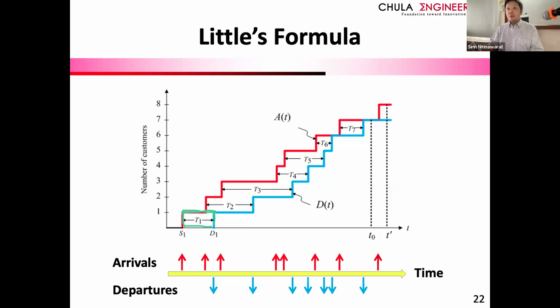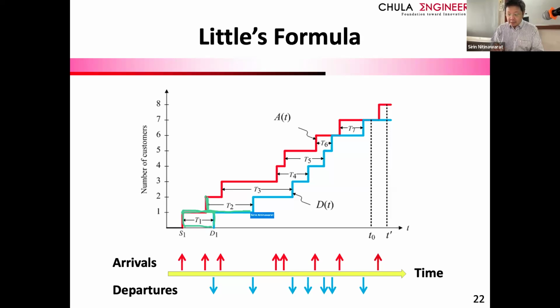What about T2? Same idea. It should be from the time when the red staircase plot increments from 1 to 2, here, until the time DT increments from 1 to 2. So basically it's that length.